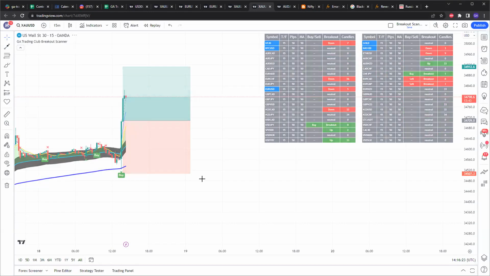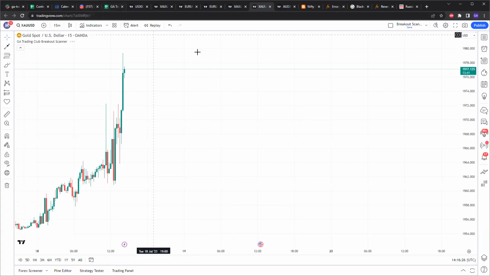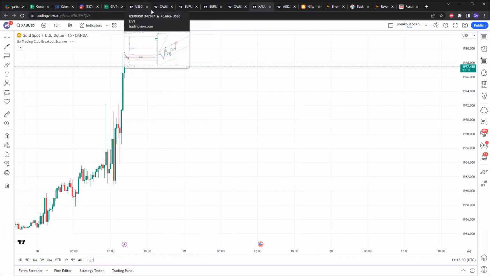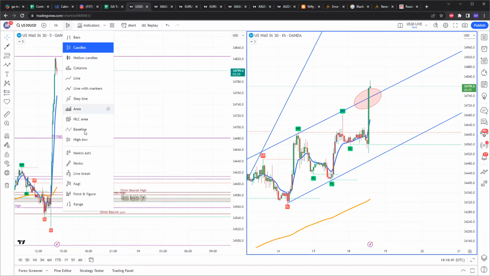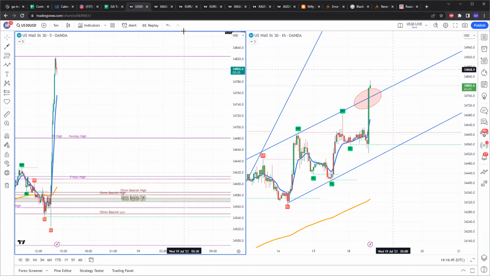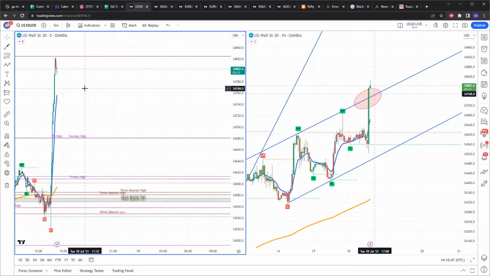Also, for my charts with US30, NAS, and gold, I use Oanda. If you use other providers, sometimes your order blocks might be different from my own. Also, if you use different candlestick patterns like Heikin Ashi, your order blocks might be different from mine because it changes the algorithm of the indicators.